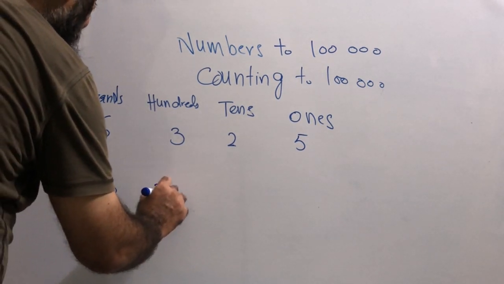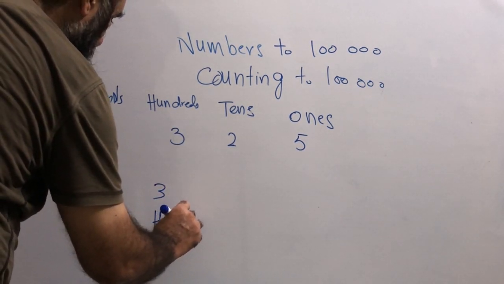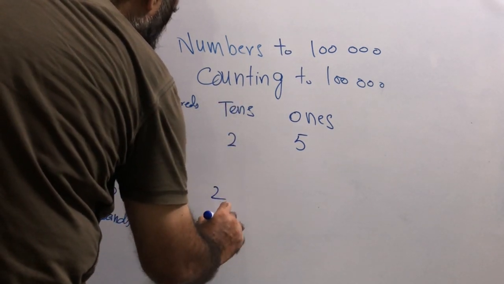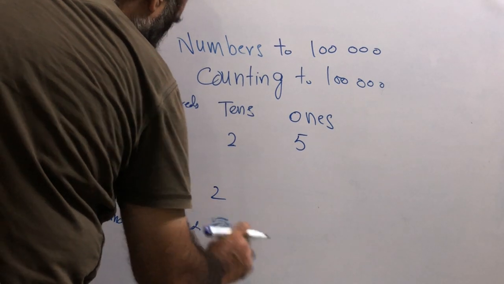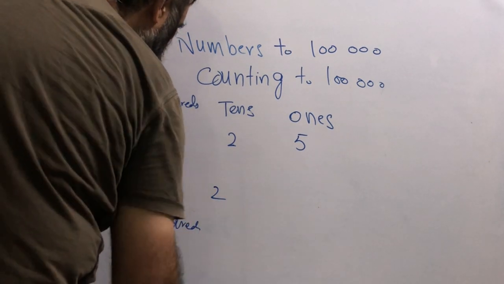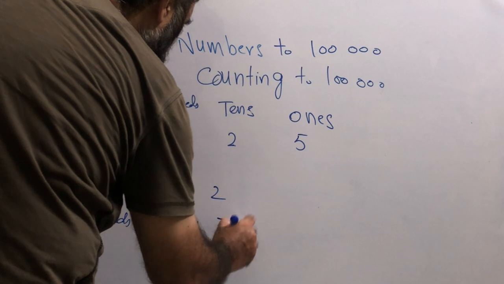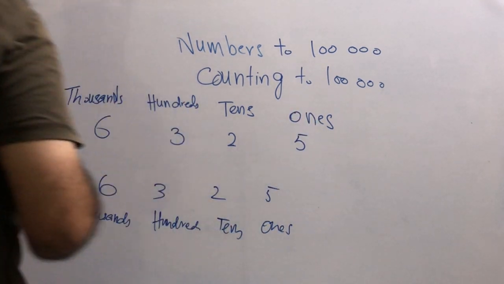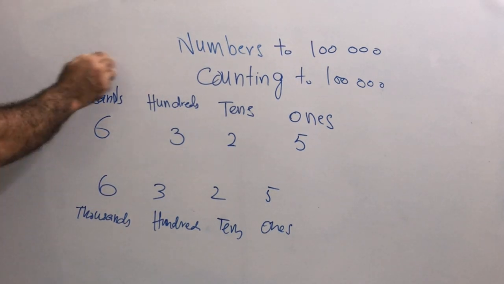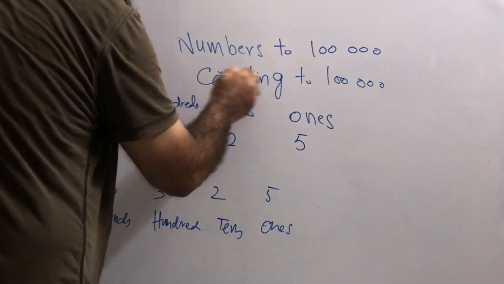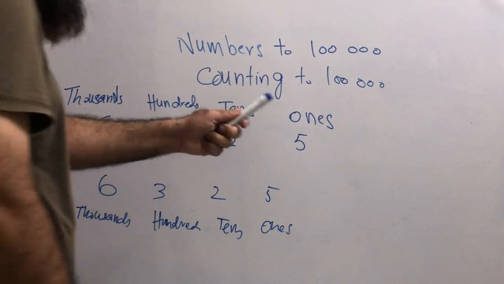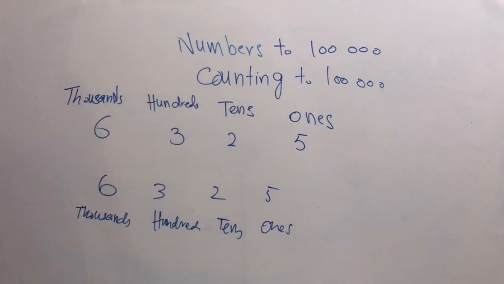How many hundreds? 3 hundreds. How many tens? 2 tens. How many ones? 5. We have 6 thousands, 3 hundreds, 2 tens, 5 ones. So it becomes 6,325.